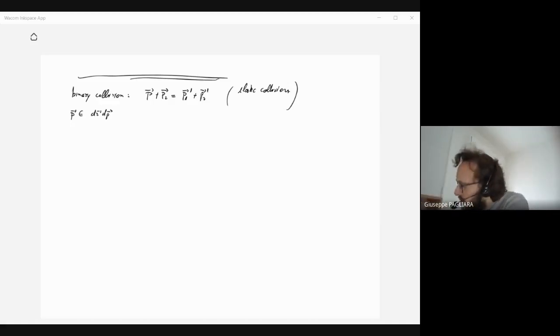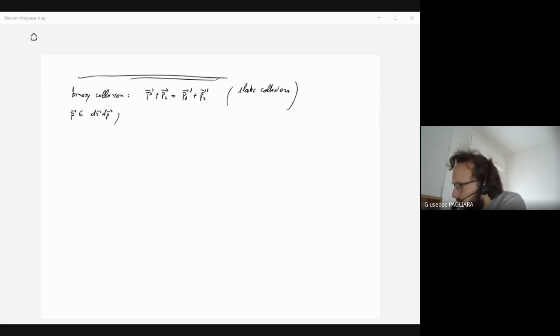So, for instance, in this situation, I have one particle which is in the initial volume dr dp, and which is interacting with another particle belonging to another volume element, and then I will have final momenta P1 prime, P2 prime. So this calculation is useful for computing R, not R bar.